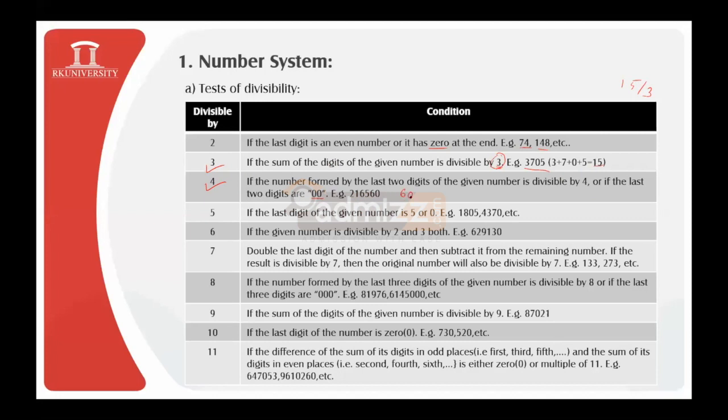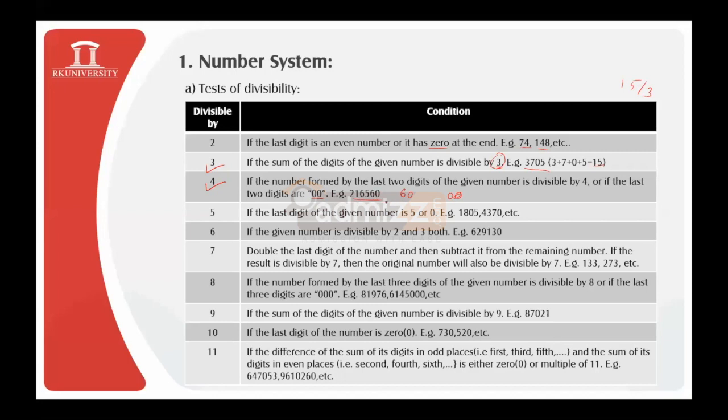So last two digits are 60. 60 is divisible by 4. Therefore, this number is divisible by 4. Or last two digits should be 00. At that time also this number is divisible by 4. Otherwise number is not divisible by 4.